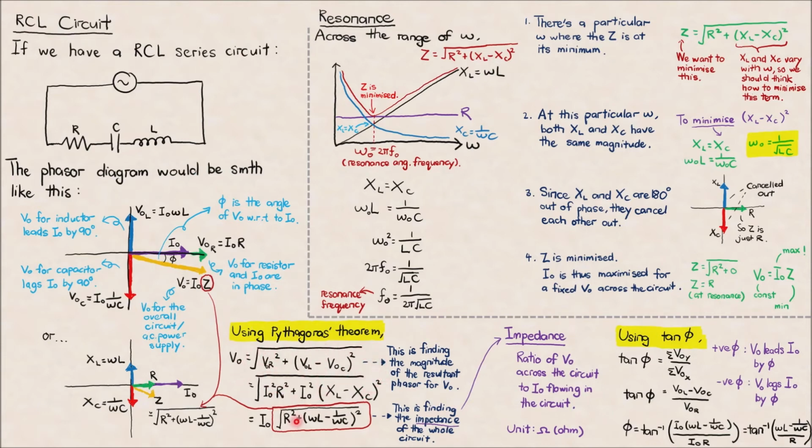So this Z here is what we call the impedance, and therefore impedance is just the ratio of V naught across the circuit to I naught flowing in the circuit. V naught is what you measure over here, I naught is what you measure along the circuit. So you take V naught divided by I naught, and there you get impedance.